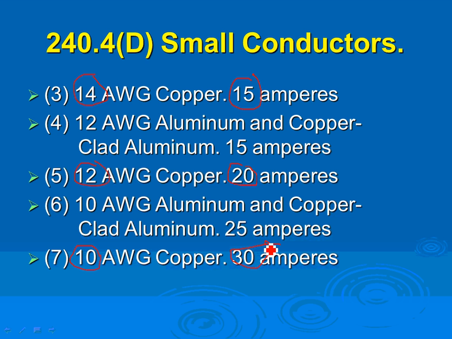Range. That's it. You can see why they restrict the amps on these, because these are the most commonly used branch circuits in dwellings, and in commercial and industrial branch circuits too, for receptacles and for lights. Because they're so common, especially in residential, they limit the amount of amps that you put on them.